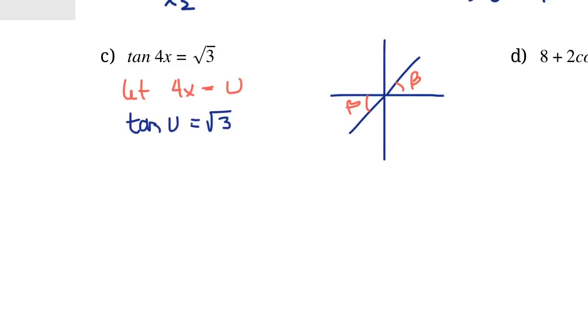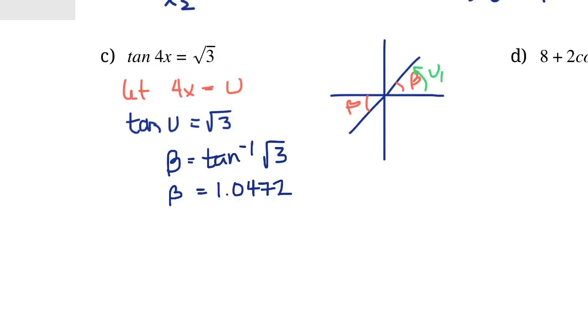Okay? So if we do the beta of this, the related acute angle, beta is going to be the tan inverse of root 3. And we know beta, same as the previous question, is 1.0472. That's going to be our beta, right? Because I made that substitution, what we're going to solve for with that beta is u1, one solution for u, and then u2, a second solution.